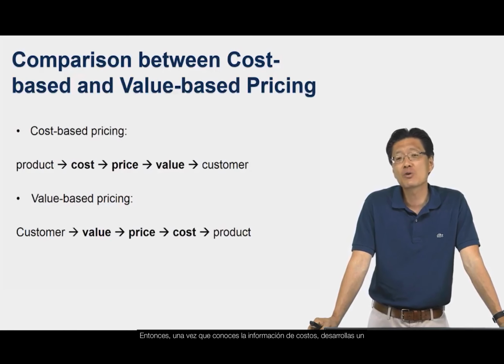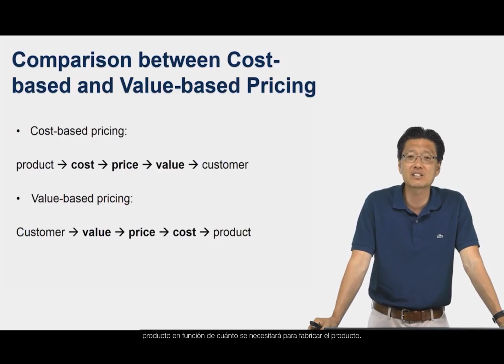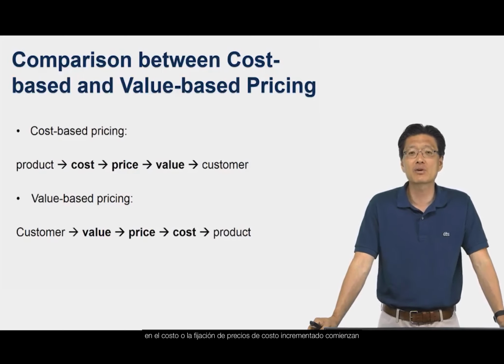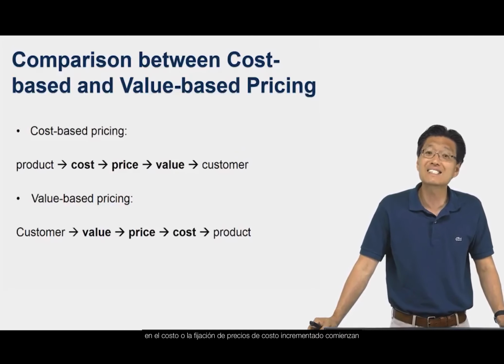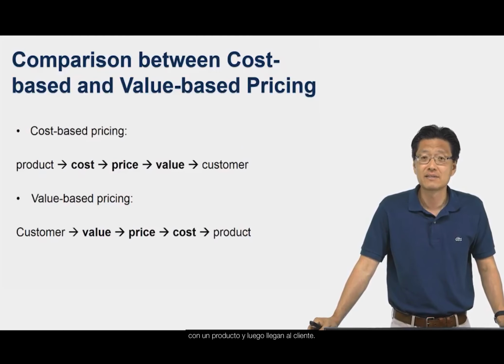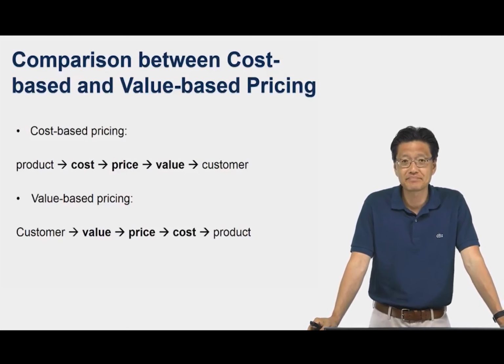So once you know the cost information, then you develop a product based on how much you understand it's going to take to make the product. So value-based pricing goes from customers to products, whereas cost-based pricing or cost-plus pricing starts out with a product and then arrives at the customer.